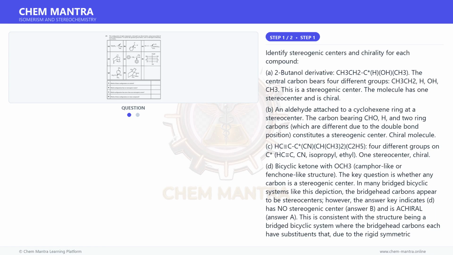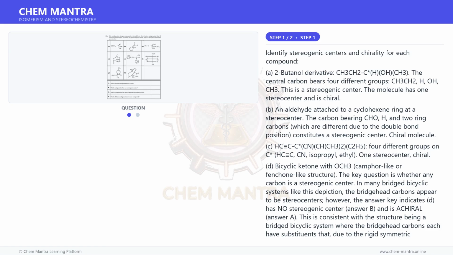F has more than 1 stereogenic center, answer C. But it is not meso because the answer says D is only H. Re-examining C2, CH3, L, O, R, C4, CH3, L, O, R. Same arrangement means same configuration at both centers, so this is not meso. Meso requires opposite configurations. Thus, F is chiral with 2 stereocenters.